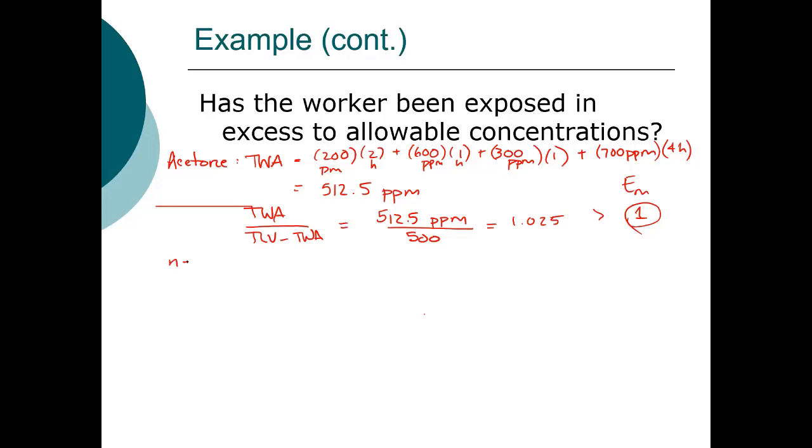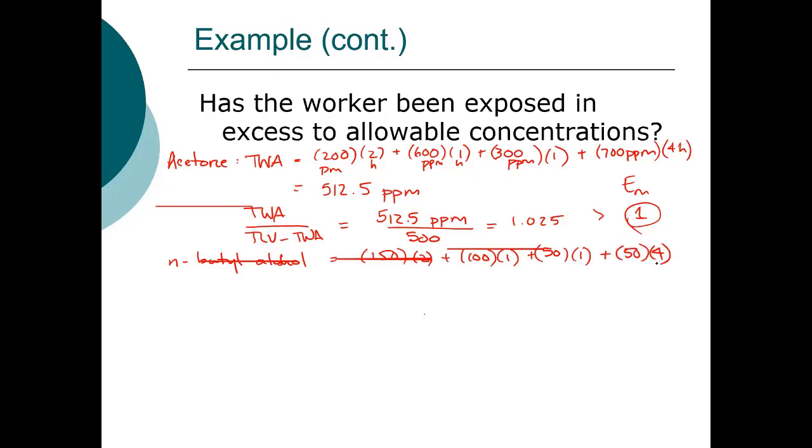For the N-butyl alcohol, we'll do a similar set of calculations, and I forgot an 8 in there. And that is 150 times 2 plus, and I apologize for the extra lines, 1 plus 50 times 1 plus 50 times 4.